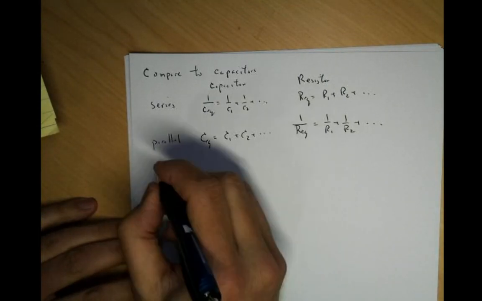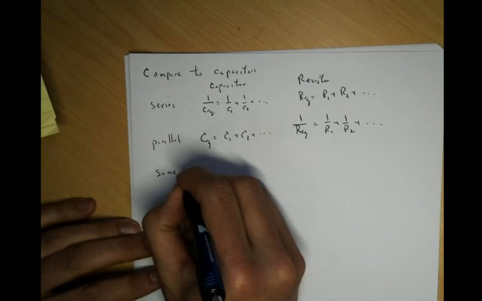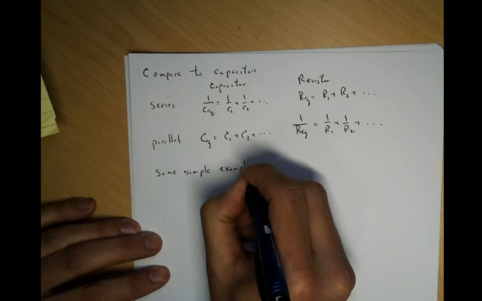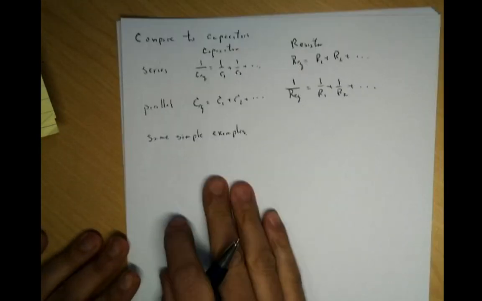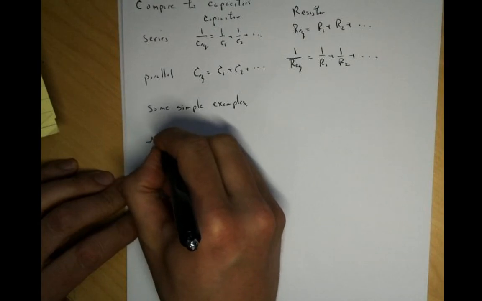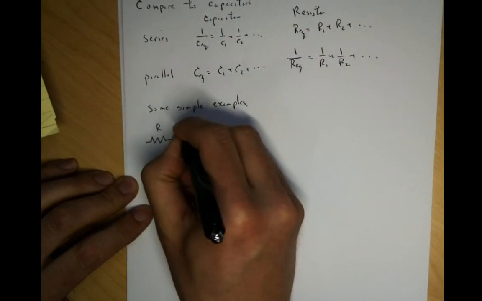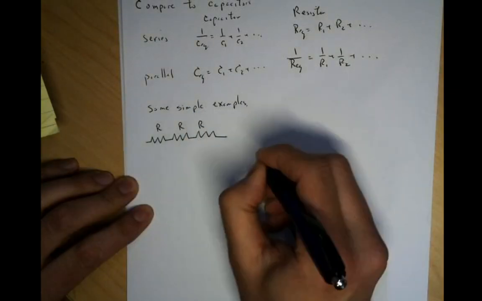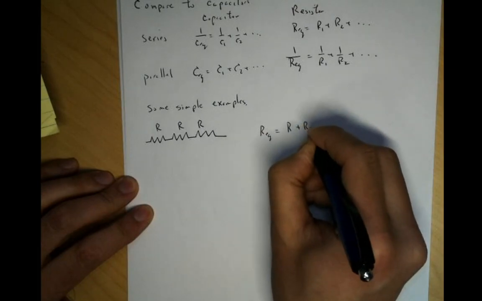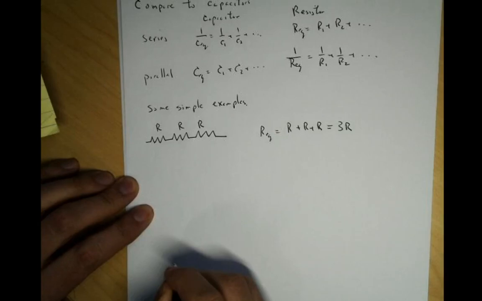So let's do some simple examples. The first simple example is three resistors R in series. It's all connected in series, so R equivalent is equal to R plus R plus R, which is 3R.